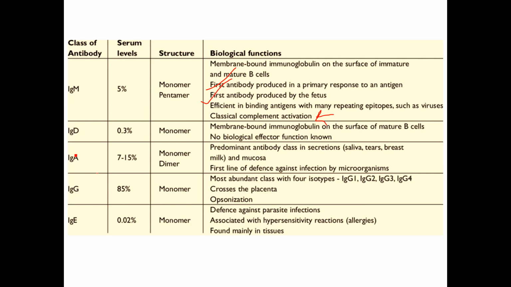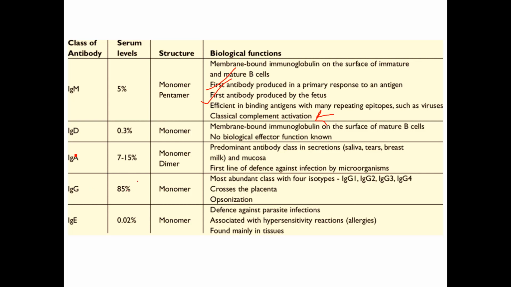And it is the first line of defense against infection by microorganisms, because the first site where the microorganism comes in contact with the body is the mucosal sites like the nose or the nasopharyngeal region. Whatever sites are first inhabited by the microorganism, since IgA is present there in large quantities, it provides the first line of defense against the microorganism.